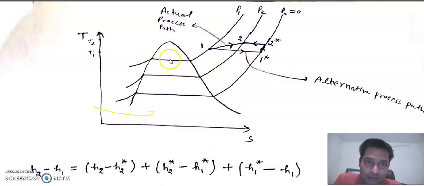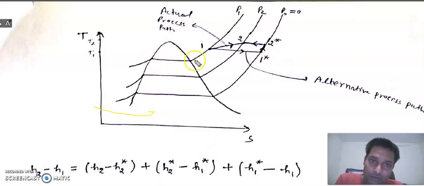So these are phase change diagrams. These lines indicate phase change at different pressures, like this one for pressure P0, P1, P2. These are different pressure lines, and these are phase changes.